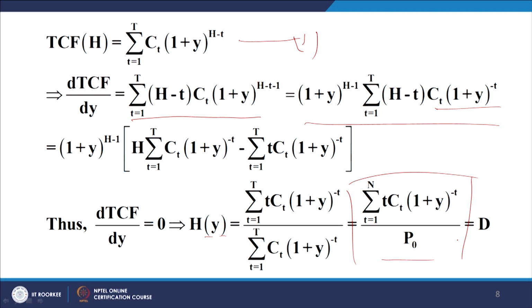This is a very important point: if you hold the bond equal to its duration at the given YTM, then dTCF/dy will be 0. That means TCF will be independent of y. The expression that I get in the box for h, which gives me dTCF/dy equal to 0, is nothing but the duration of the bond. This formula is precisely the formula that we worked out earlier for the duration of the bond. They coincide absolutely. So, this is equal to D.